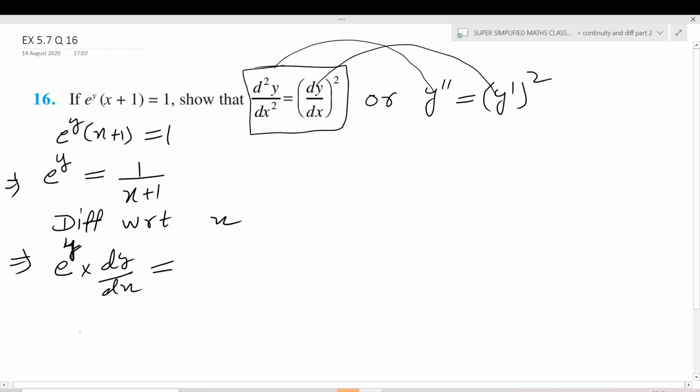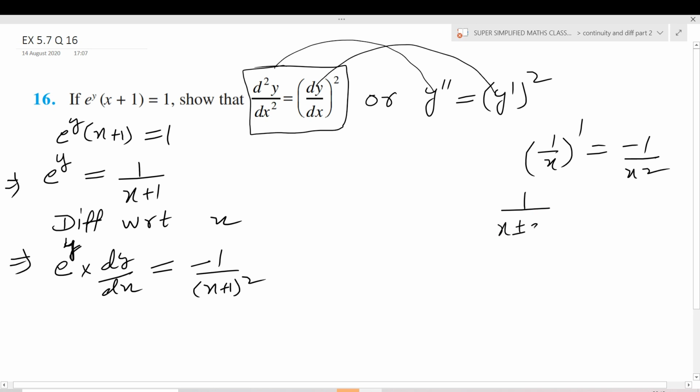And similarly on the right hand side, it is a function of x. So we simply find the derivative of 1 upon x plus 1, which is minus 1 upon (1 plus x) whole square. You should know here, students, that derivative of 1 by x is minus 1 upon x square, and derivative of 1 upon x plus or minus a, where a is a constant, will also be minus 1 upon (x plus or minus a) whole square.